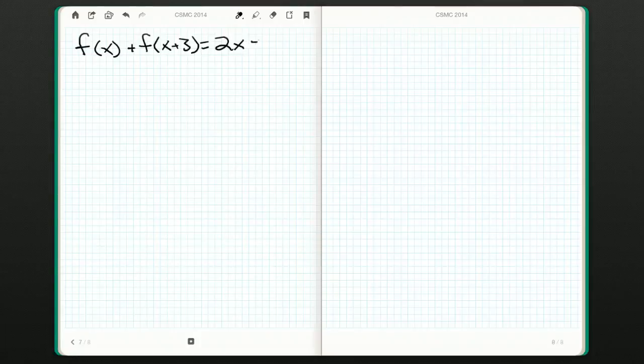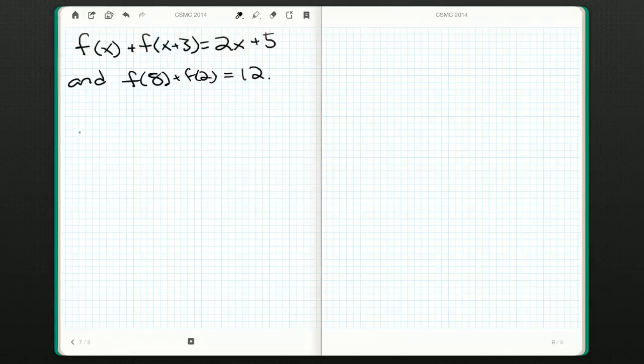So we have 2x plus 5. That's what the relationship is here. And we also know that f of 8 plus f of 2 is equal to 12. Okay? 2 plus 3 is 5.